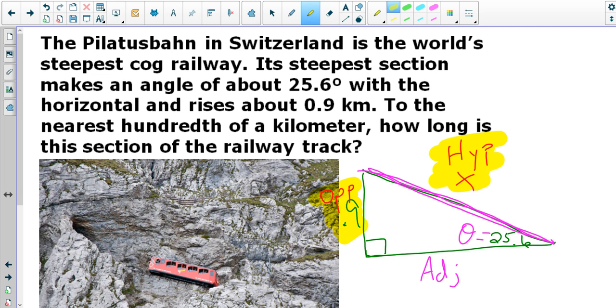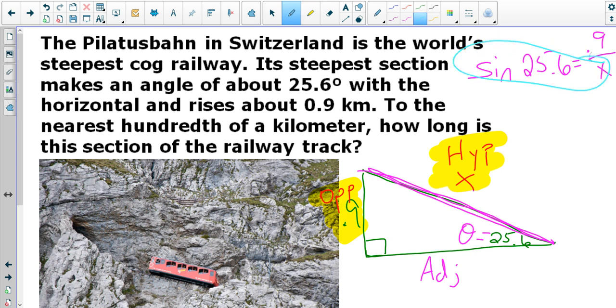The function that uses opposite and hypotenuse is sine. So I'm going to write my function in terms of sine. So the sine of 25.6 degrees is equal to opposite over hypotenuse, so 0.9 over x. We see once again that x is on bottom, so I'm going to swap them. So x is equal to 0.9 divided by the sine of 25.6 degrees.